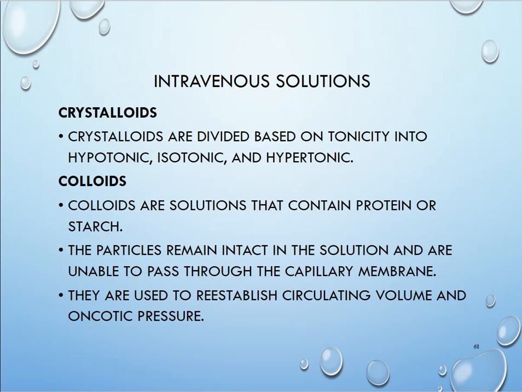I'm just reiterating. Hypertonic fluids have a tonicity that is markedly higher than 290 milliosmoles per liter. And these solutions increase the osmotic pressure of the plasma and basically force fluids to move out of the cell and into the bloodstream. And this can lead to cellular dehydration and circulatory overload.